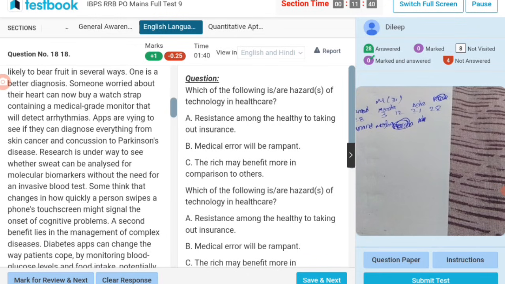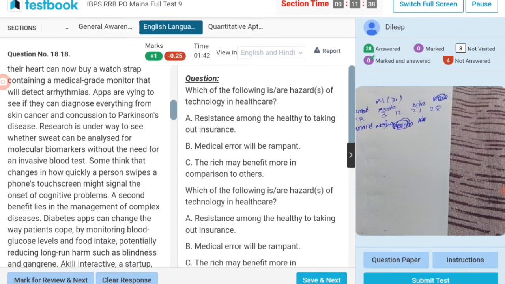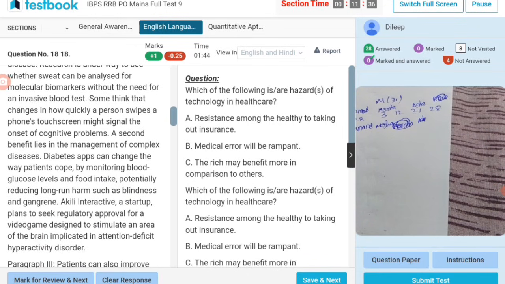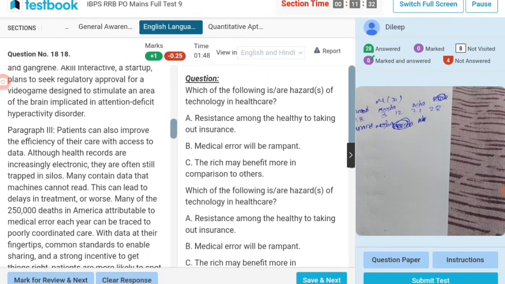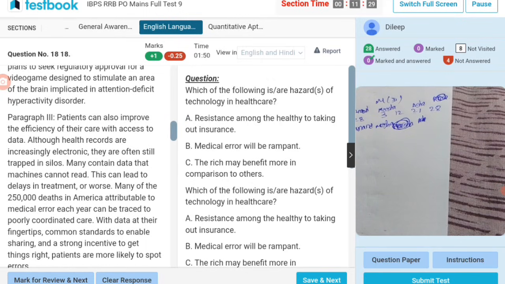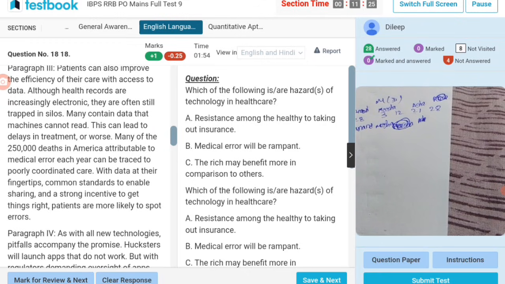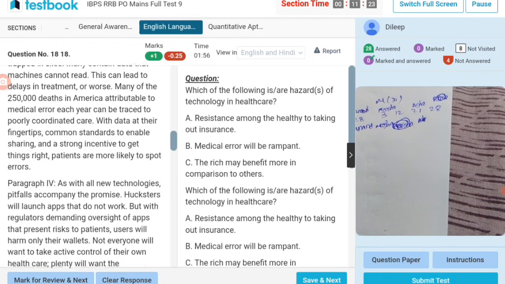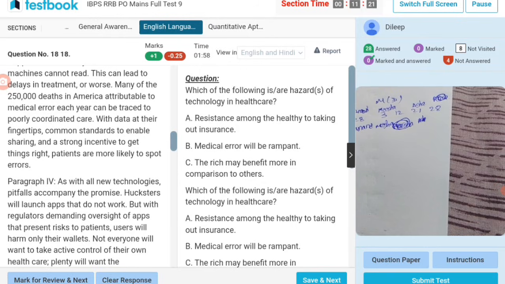The next is health records. Resistance among the healthy to take out insurance.